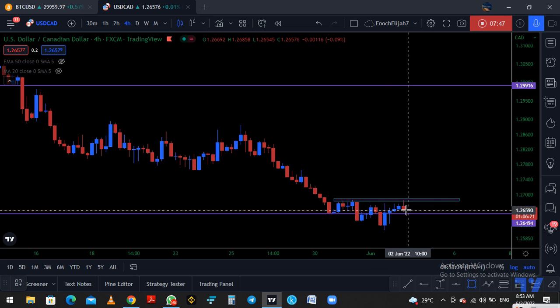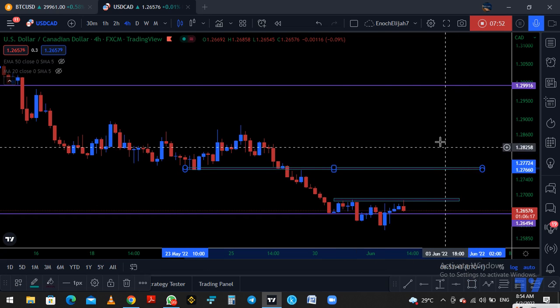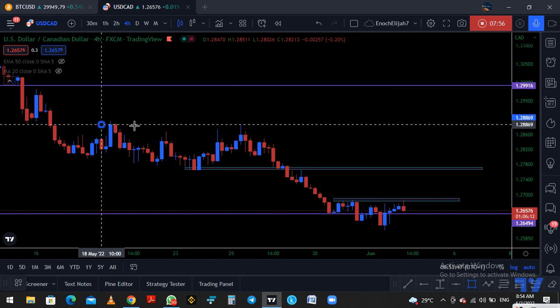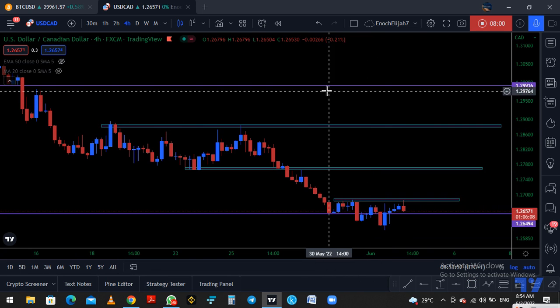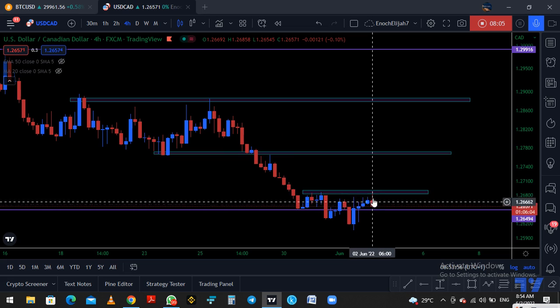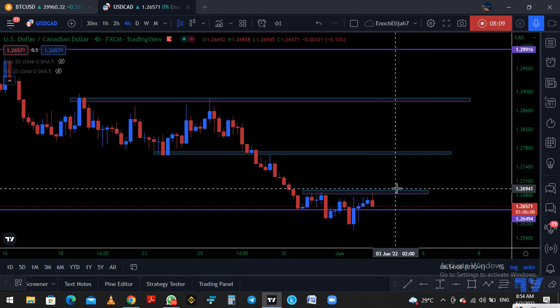Then we can buy to this level as first target, this level as second target, and then this as the third target. So like that. A breakout of the zone plus a pullback to retest the zone, then we can enter.